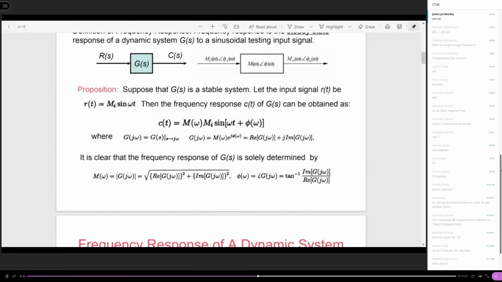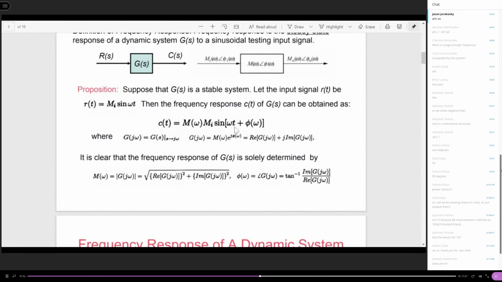So if you capture the features of M of omega, you pretty much capture the capability of the system to respond to a certain frequency signal. Okay, so this is the magnitude. Now let's look at the phase.